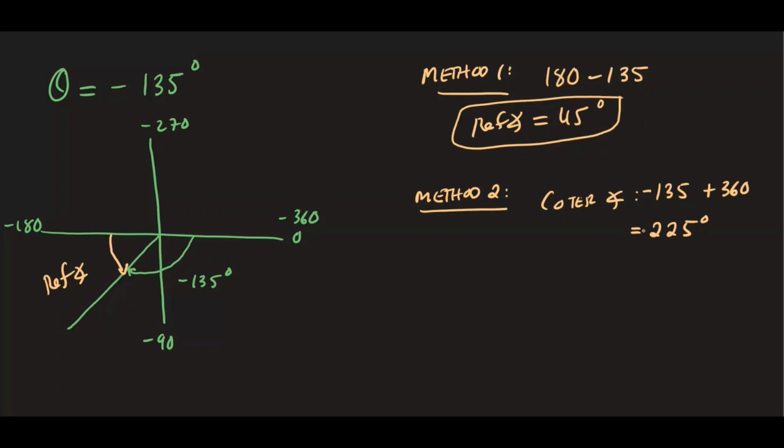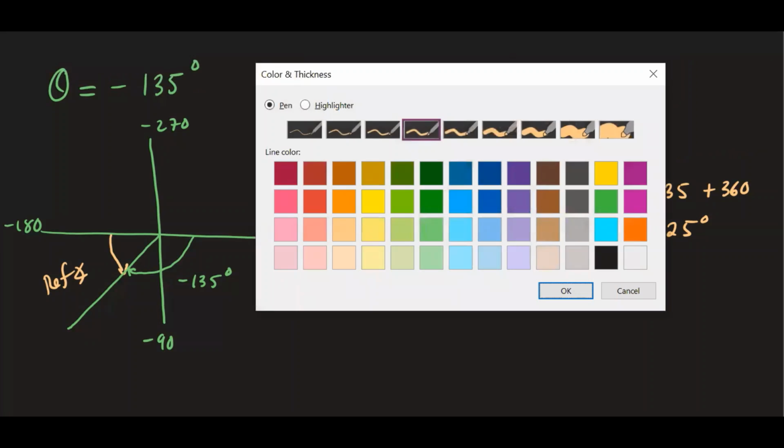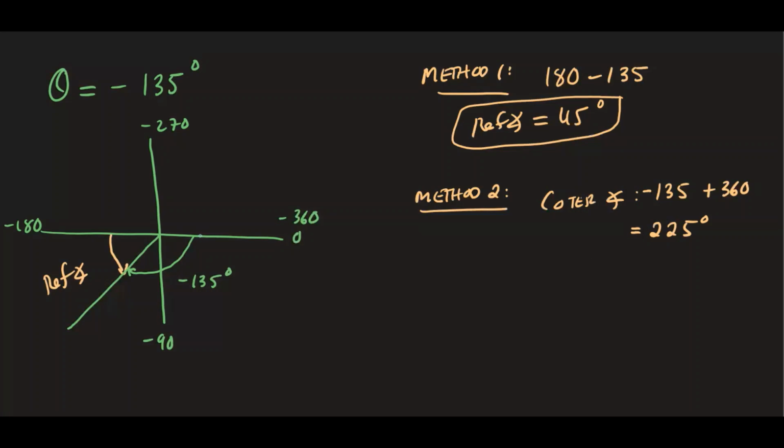So that's the coterminal angle. If I draw 225 degrees, it starts from standard position and ends up right here. That is 225 degrees. It's coterminal with negative 135 because they share the same terminal side.